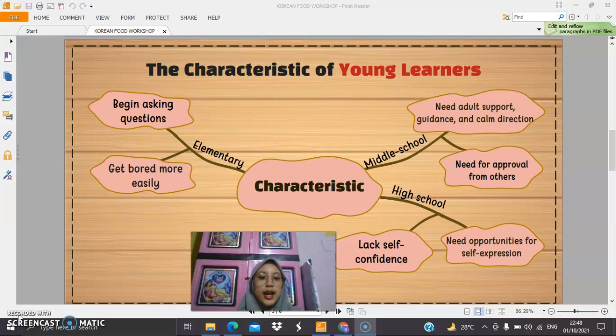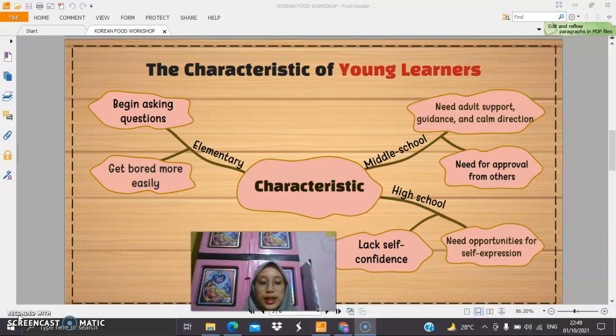This is because they have a limited attention span, and generally after 10 minutes they can get disinterested in the activity at hand, especially if it is taught directly and is devoid of the elements of play.